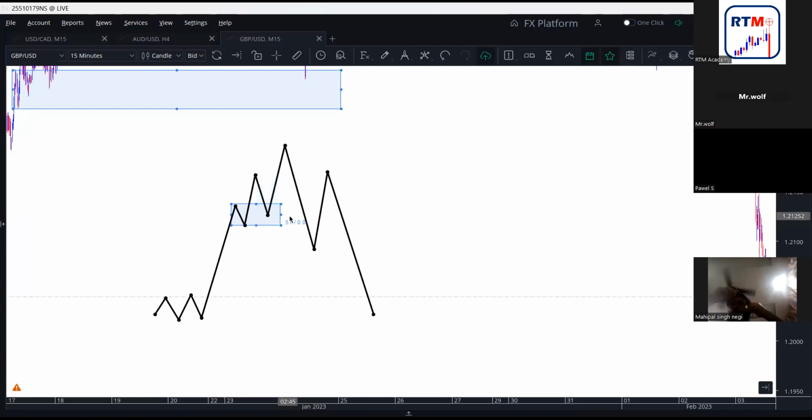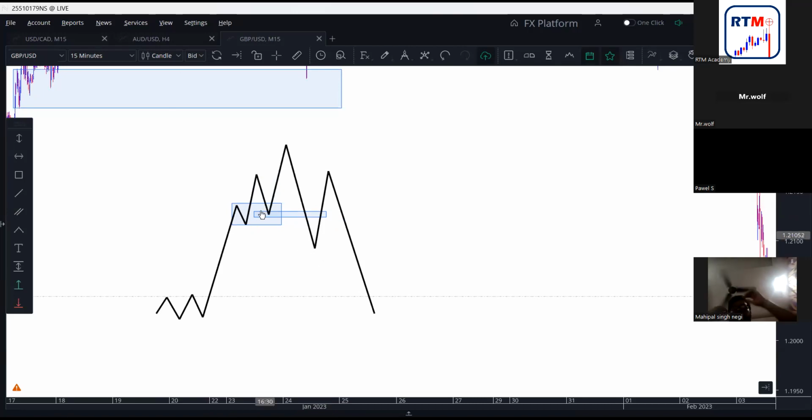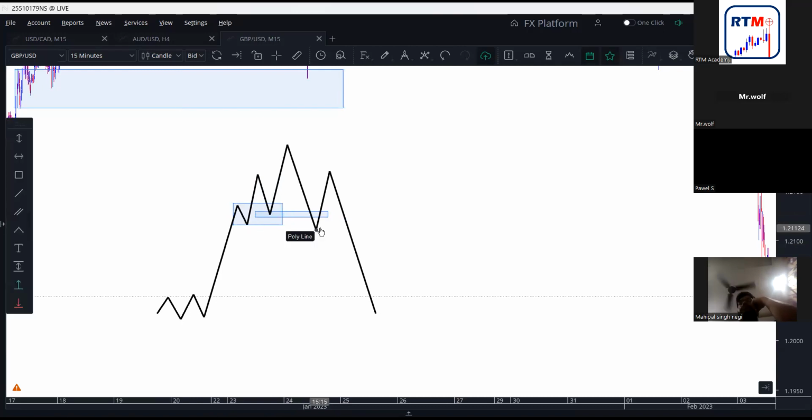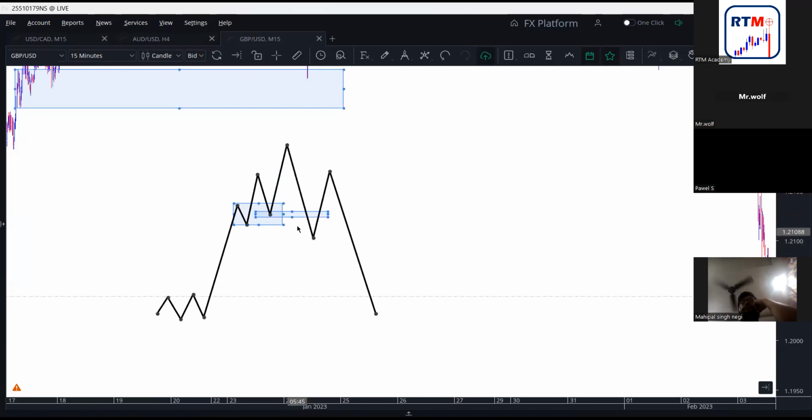When price engulfs here, what does engulf mean? Engulfing means that price completely consumes the orders, eliminating all the orders here. When price engulfs this area, it should get back to the QM level right here.